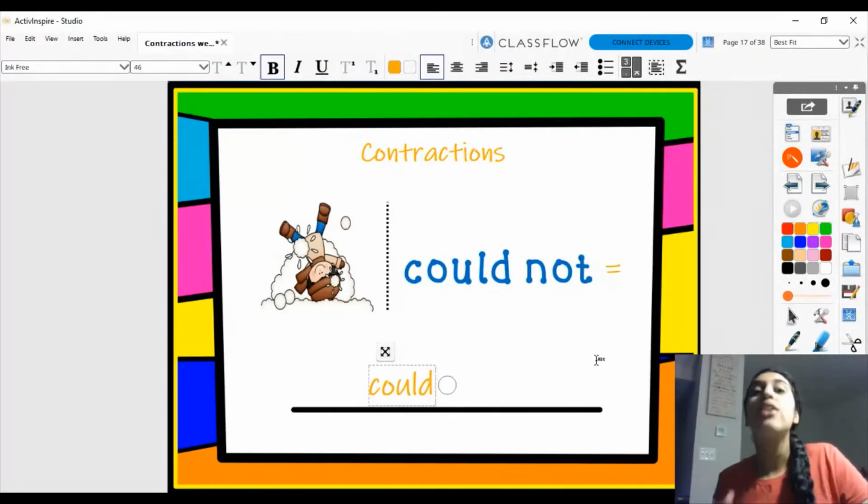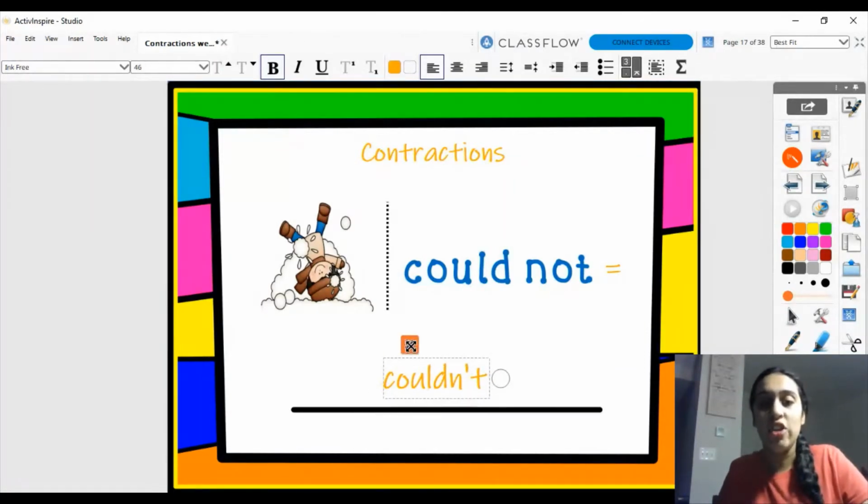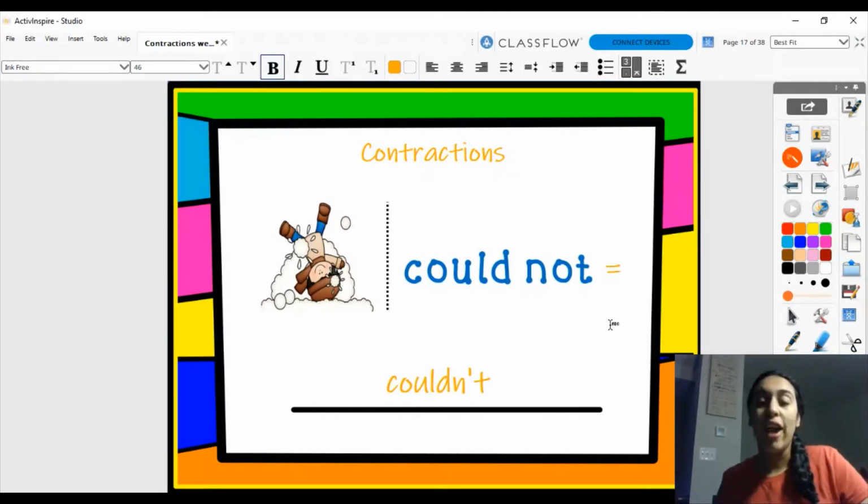And here, we're going to follow that rule of just taking away the O and replacing it with an apostrophe. So what letter are we going to write next? Yeah, an N, take away the O, put an apostrophe, and then a T. And the contraction is now couldn't. So the contraction for could not is couldn't. Good job.